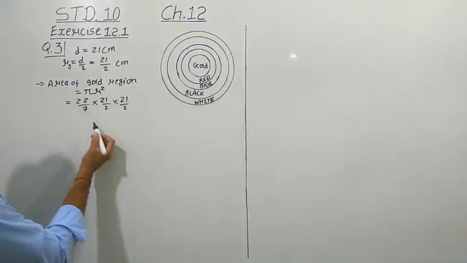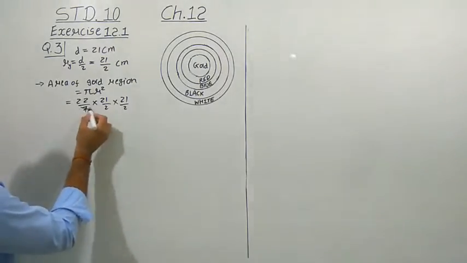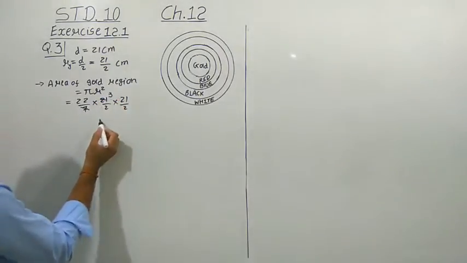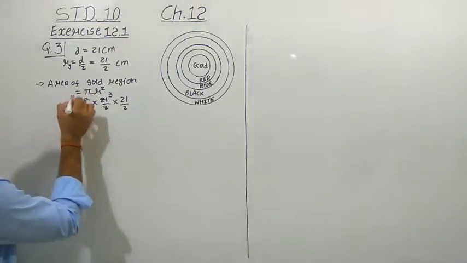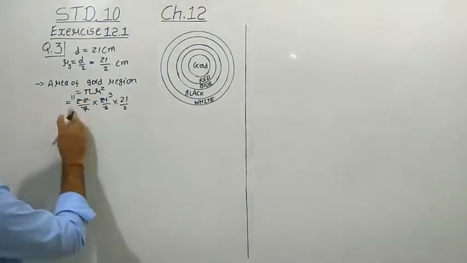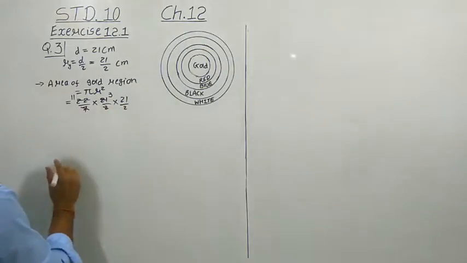Now let us calculate what value we get. 7 threes are 21. Now 2 elevens are 22. Now here we have 11 into 3 into 21 upon 2.